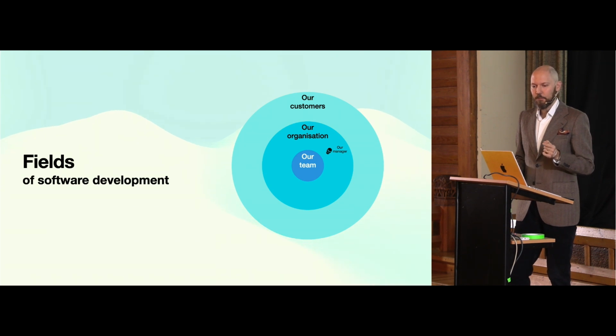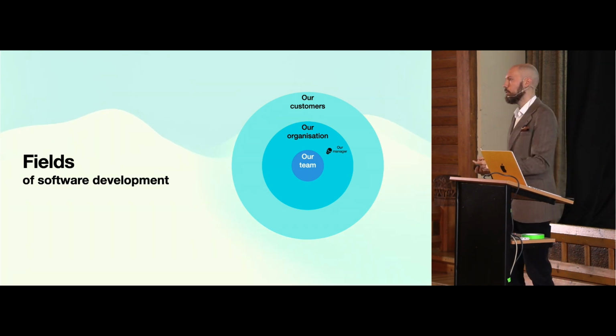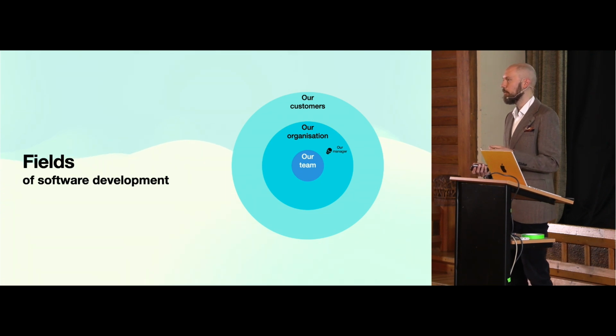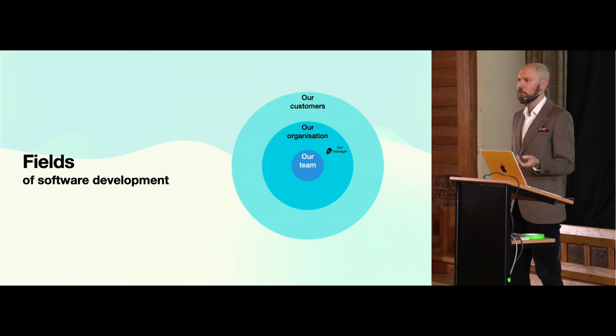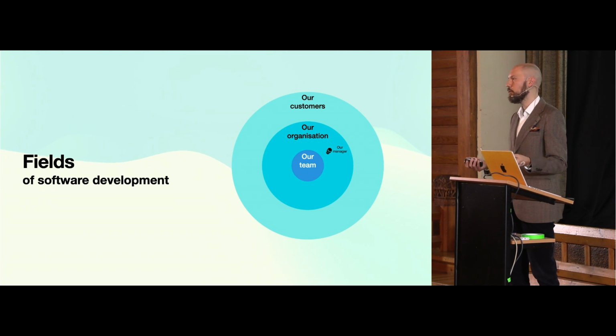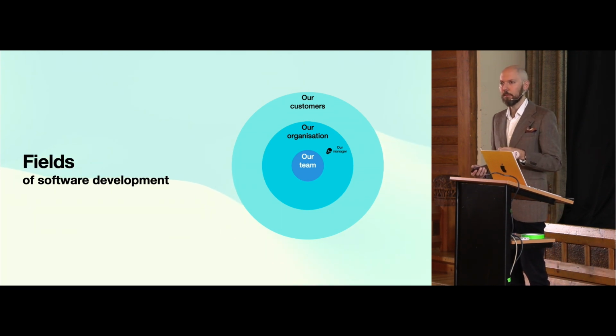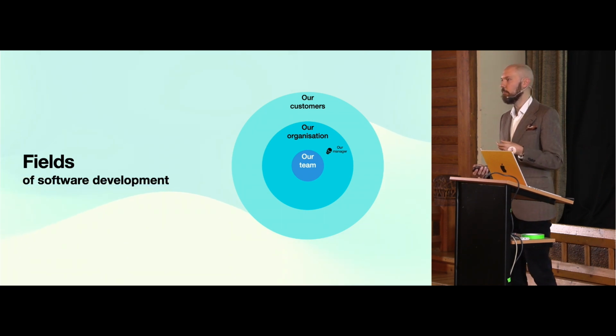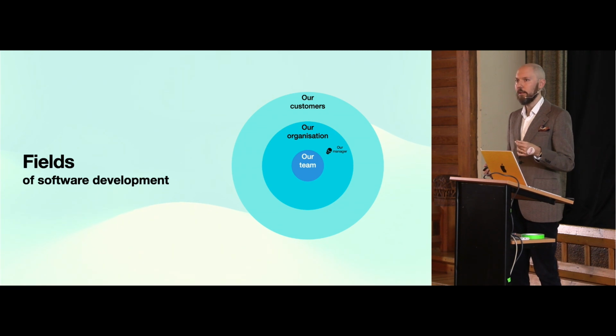Anyways, we'll move further out. An even larger field is our customers. We are situated in separate fields. We have our own problems, our own things we think about, but we still interact through the use of capital. Capital can move across fields, but it might change along the way.